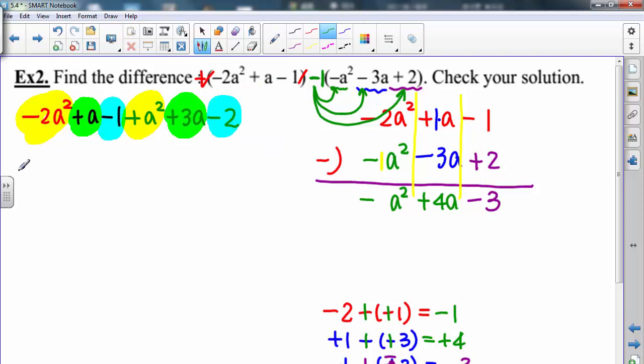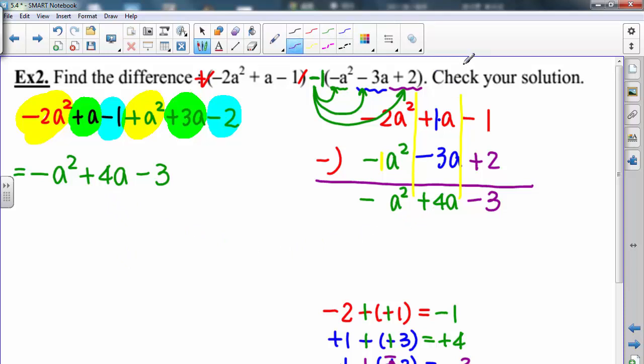Combine the like terms by adding the coefficients up. -2 with positive 1a squared, both of them are in yellow, so I will get -a squared. Positive 1a plus 3a becomes positive 4a. Blue with the blue color, -1 minus 2 is -3. So we can get the same result.